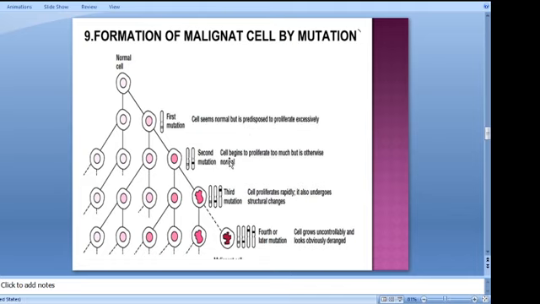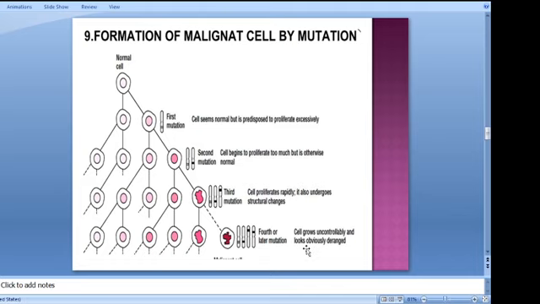The second mutation: the cell begins to proliferate too much, but is otherwise normal. The third mutation: the cell proliferates rapidly and also undergoes structural changes. Then the fourth mutation: the cell grows uncontrollably and looks obviously damaged.